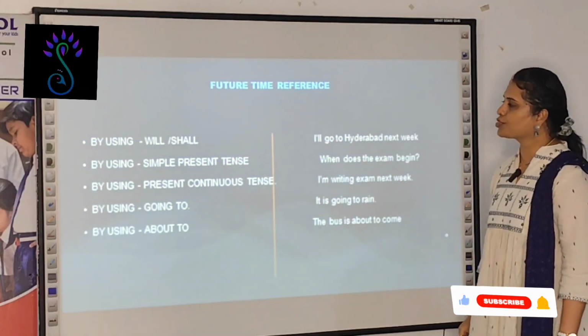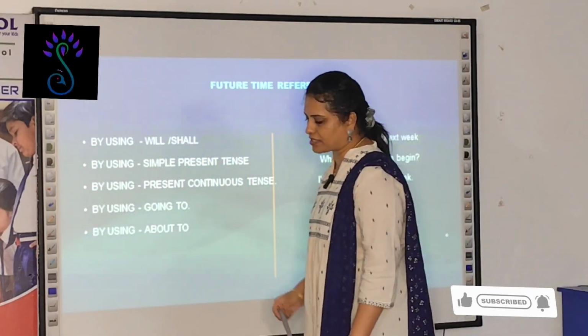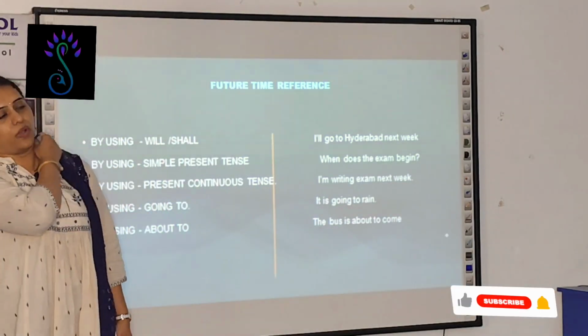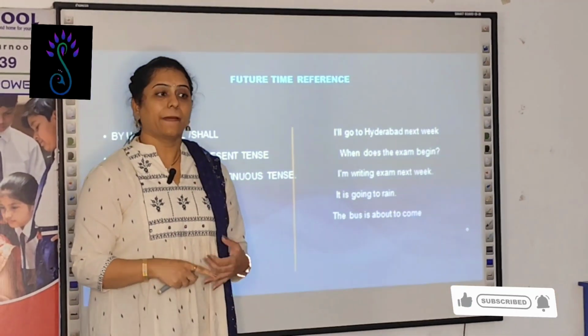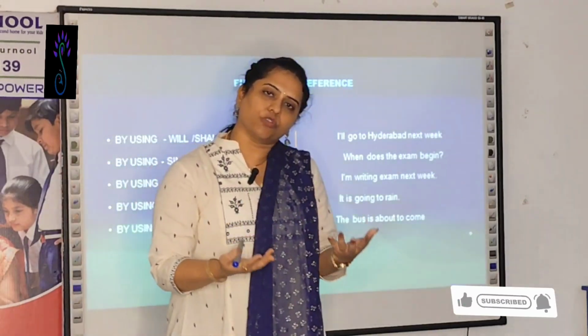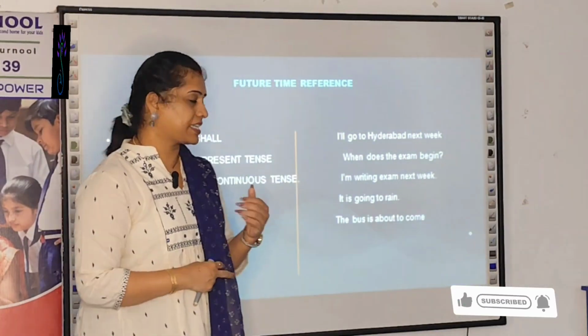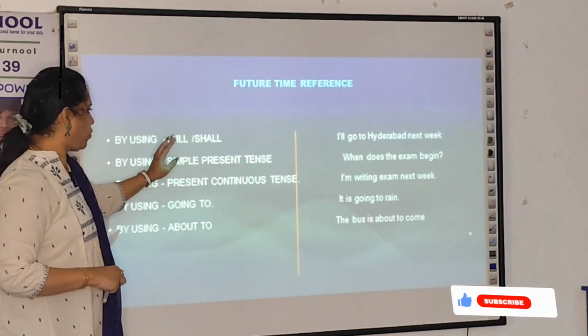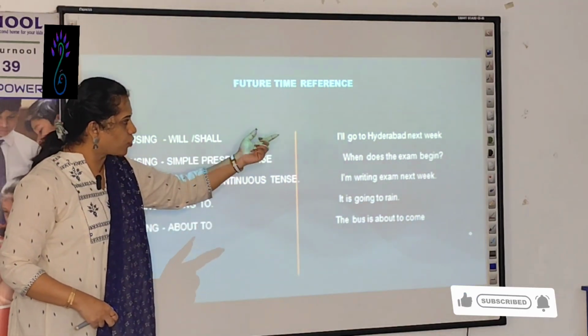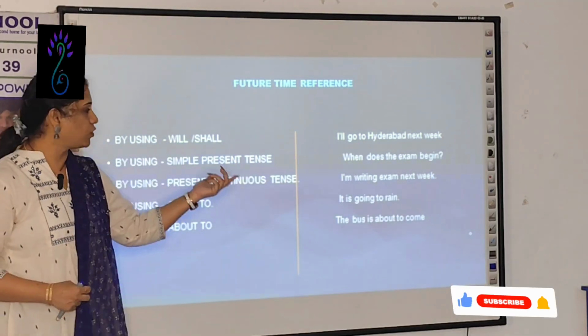Now, future time reference. Future tense, already we have discussed, it is not only when we use will, shall, but a few others are there. When you use them, that is also considered as future. For example, by using will or shall: I'll go to Hyderabad next week.